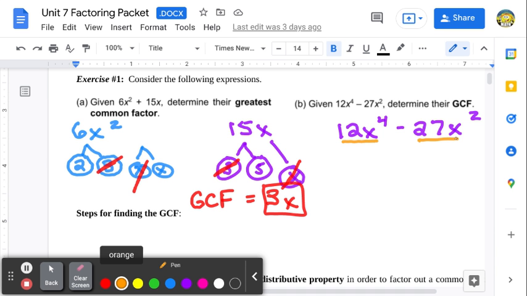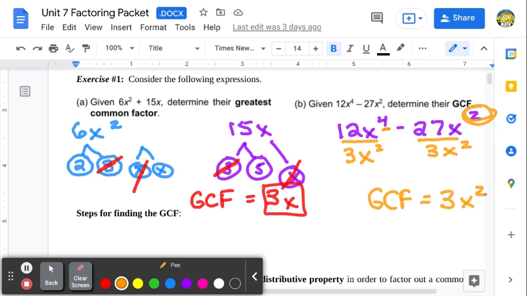So you have to be pretty quick at your multiplication facts in your head. Let's see. I know 3 goes into both of them, so I'm going to divide these by 3. Your biggest number and your smallest exponent. So I have a 4, I have a 2. So my GCF here is 3x squared.